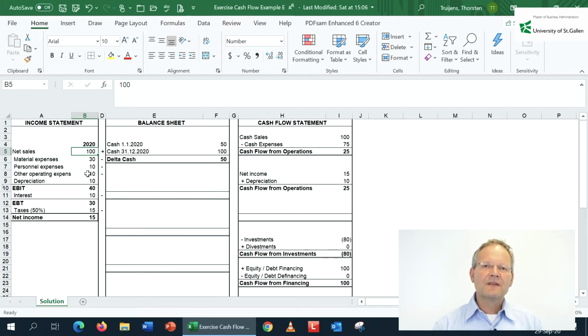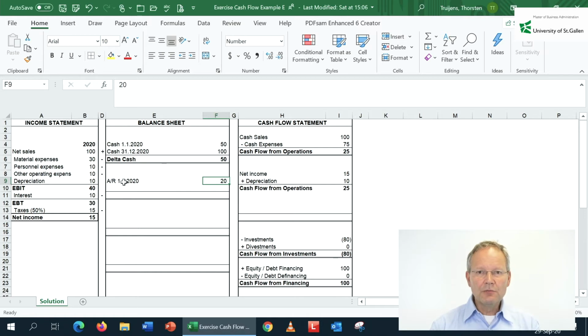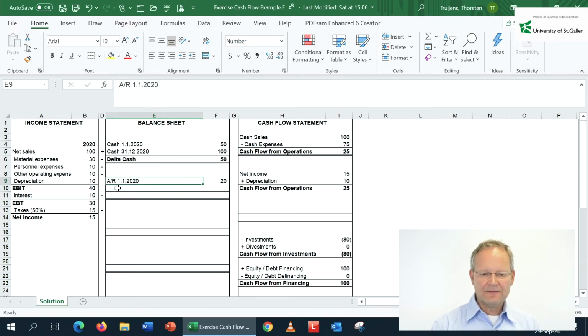So what does that mean? A normal company has receivables, accounts receivable, which is abbreviated as AR. Our receivables on the 1st of January 2020 were 20. So keep in mind, I'm moving now out of the idea that this is a French fry stand. This is now a normal company. So we have customers who we actually sold something to in 2019.